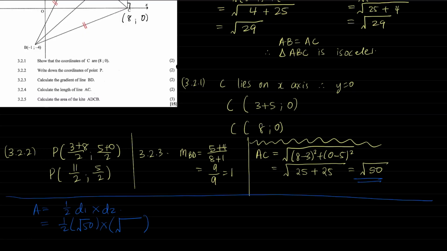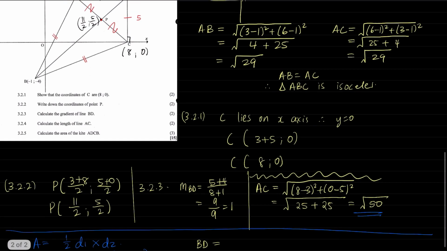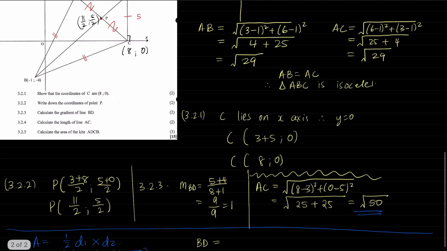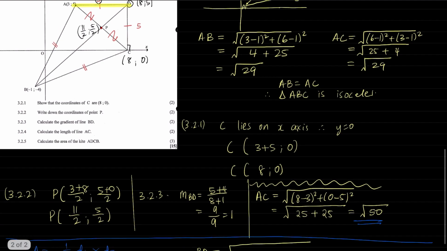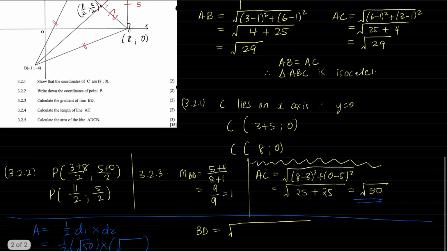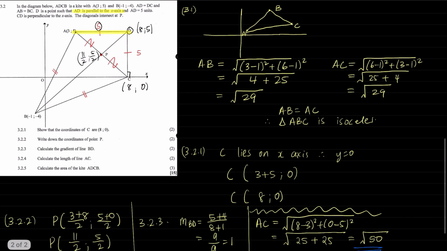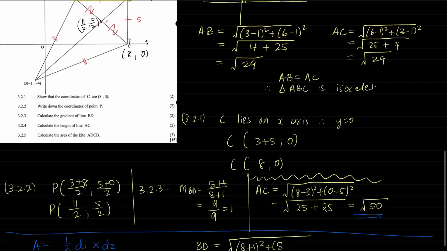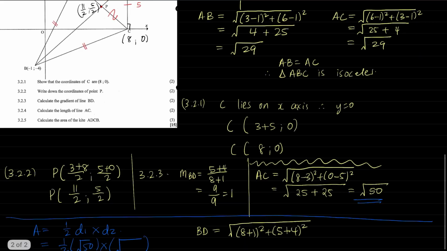So BD is going to equal the square root of, let's go with 8 minus minus 1, so 8 plus 1 all squared, plus 5 minus minus 4, so 5 plus 4 all squared.